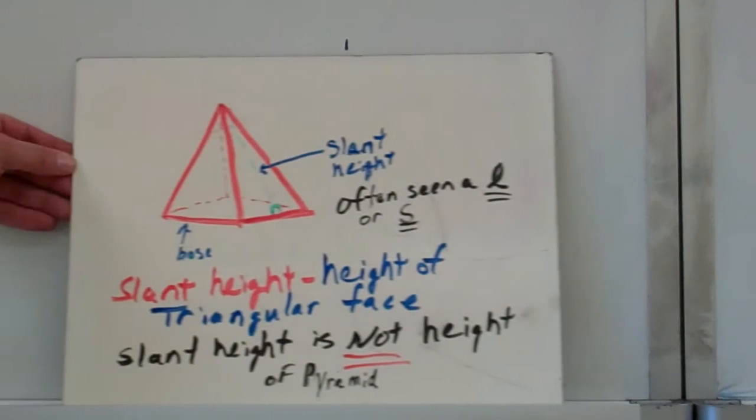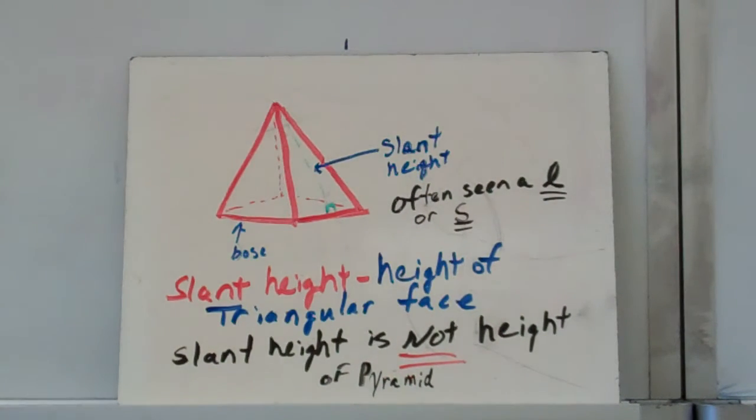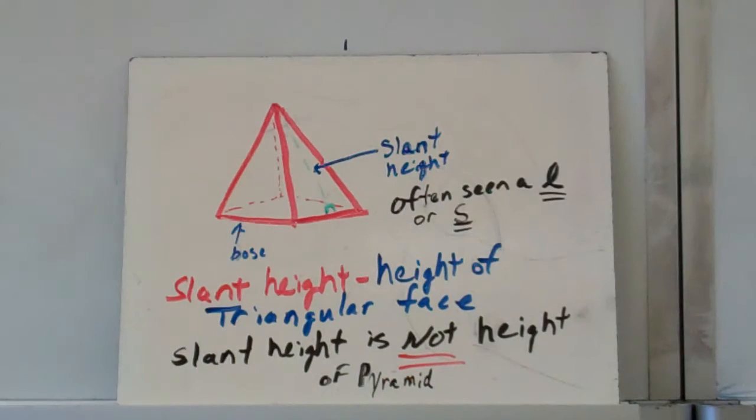Now, there's a new concept when we're dealing with surface area and pyramids that we have to talk about, and that is called slant height. Slant height is the measure of the height of the triangular face, okay? And that is not to be confused with the height of the actual pyramid itself.